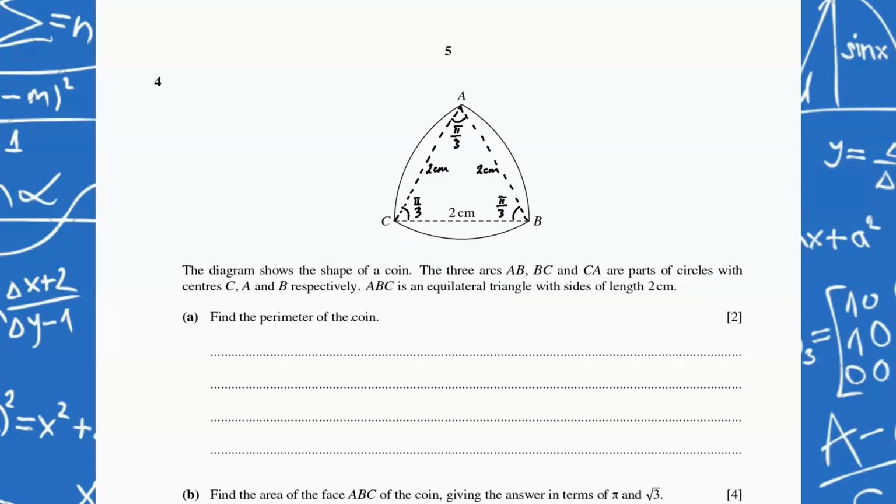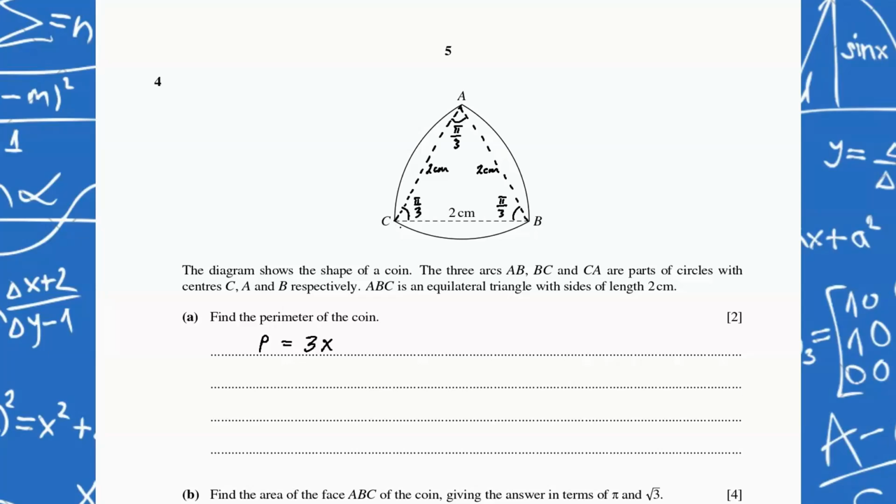So to get the perimeter of the coin, which is the distance right round, the perimeter is going to be 3 times the length of a single arc. So let's find the length of a single arc. The length of an arc is r theta, where r is the radius. Let's consider, for example, the arc AB.